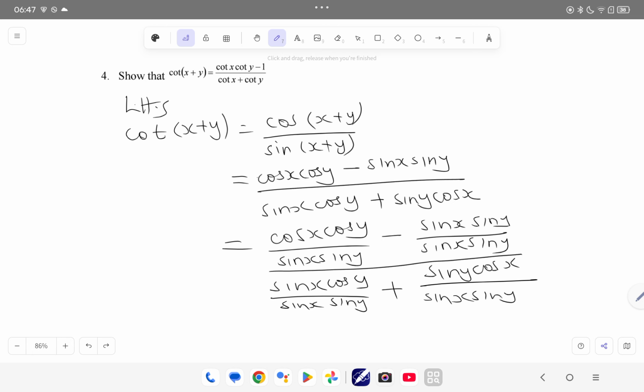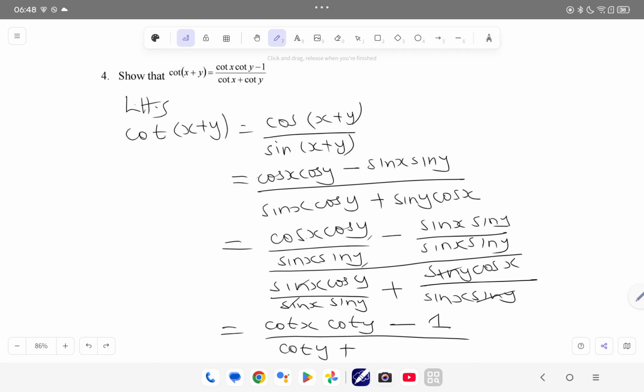So cos x over cos x is cot x. Cos y over sin y is cot y, minus 1, which we created, over sin x over cos x, sin x goes, cos y over sin y is cot y, plus sin y goes with sin y.